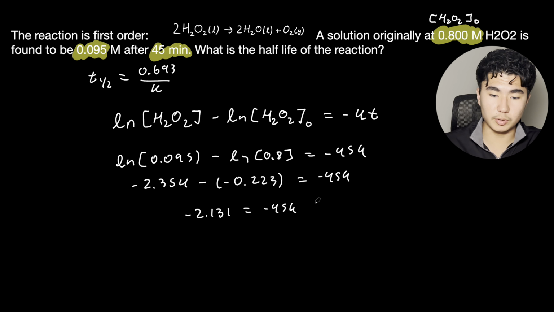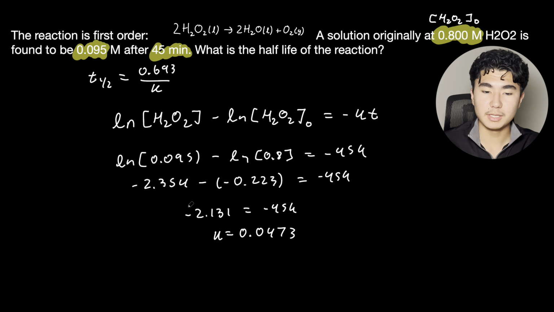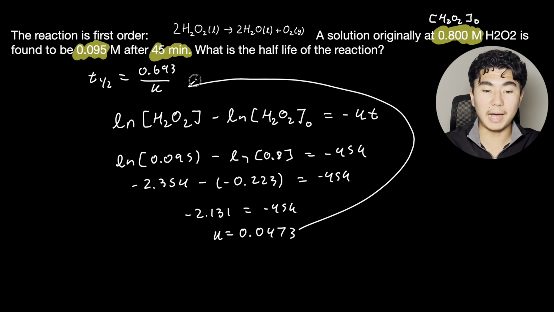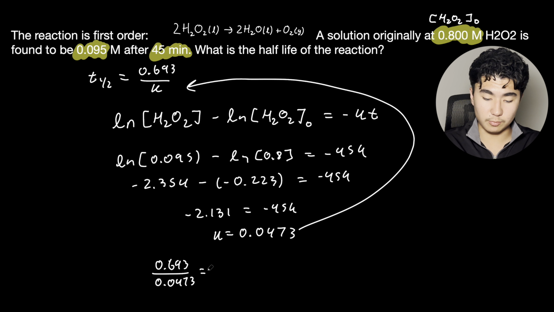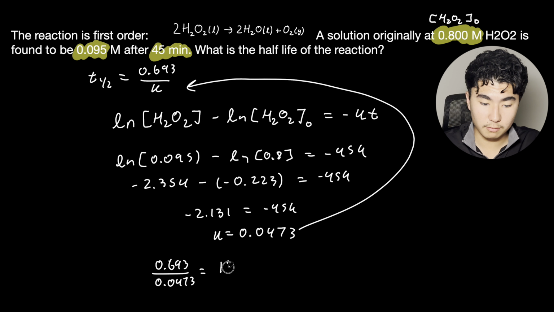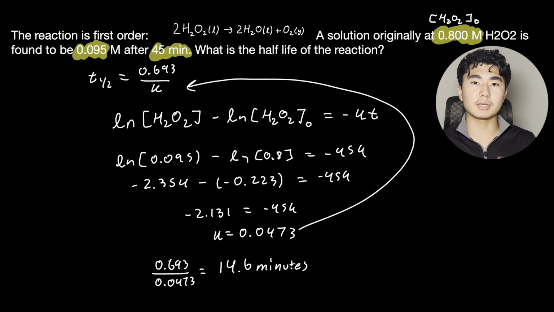When we do that, our K equals 0.0473, and all we have to do is plug our K back into that half-life equation. Once we do that, it would be 0.693 over 0.0473, and let's see what that would be divided, and that should get us 14.6 minutes. So our half-life is 14.6 minutes.